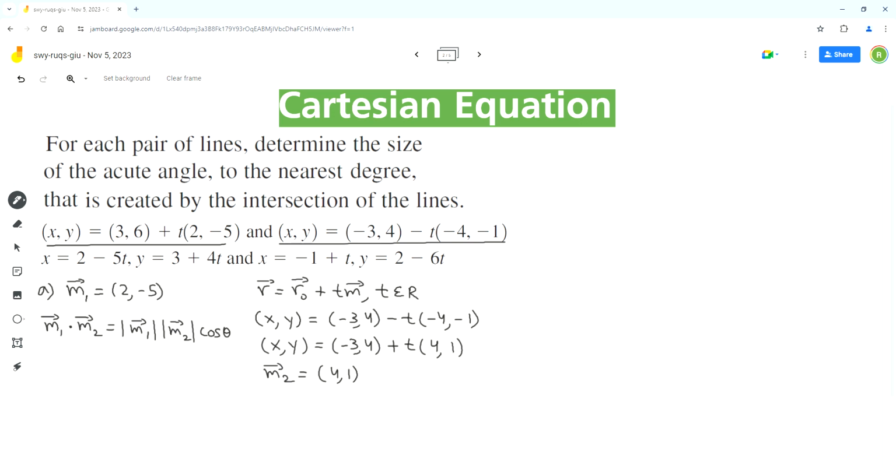Theta is the angle between these direction vectors. Now we can use the vectors m1 and m2. For the magnitude of the vectors, we should square the components, add them, and apply square root to the sum.